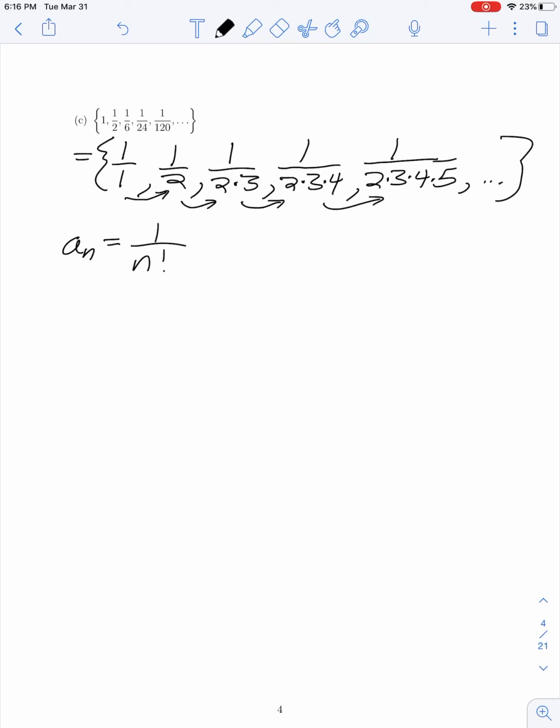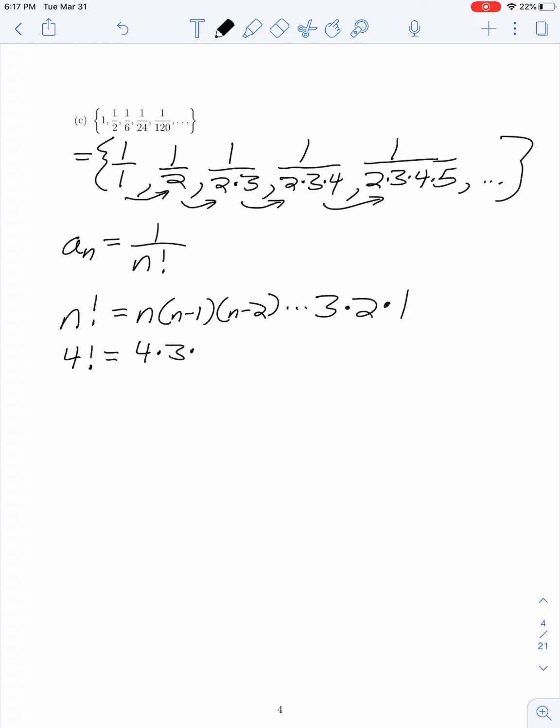So in general, this pattern, a sub n, or the general term for this pattern, could be described as 1 over n factorial. Now remember, the notation n factorial is used to denote the product of n times n minus 1 times n minus 2 and the product of all the subsequent integers until we get down to 3 times 2 times 1.